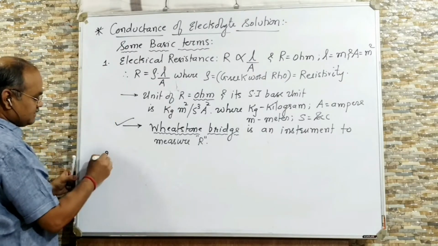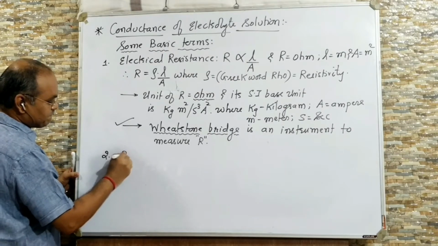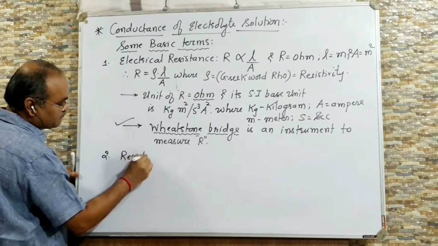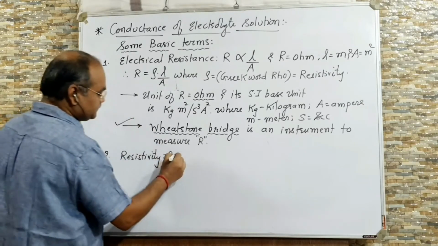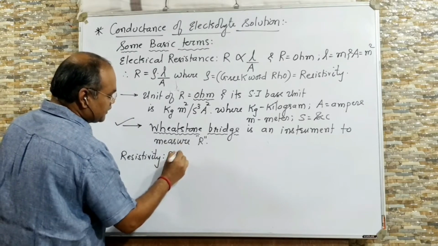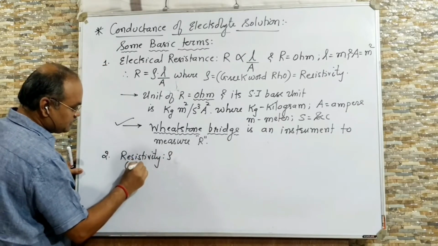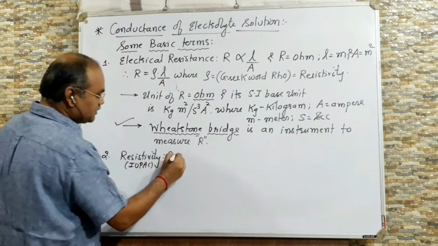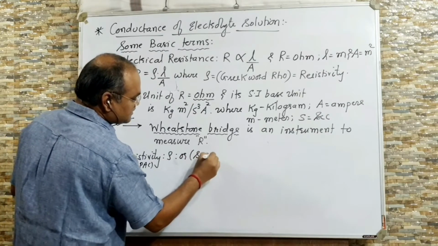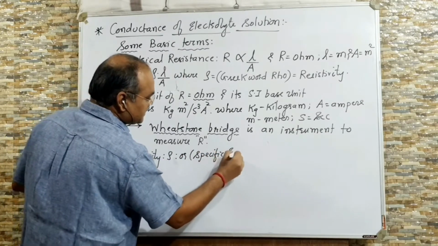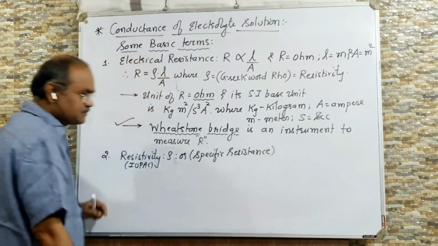Second, I can take resistivity. Rho, according to IUPAC, resistivity is according to IUPAC. But sometimes it is also known as specific resistance.